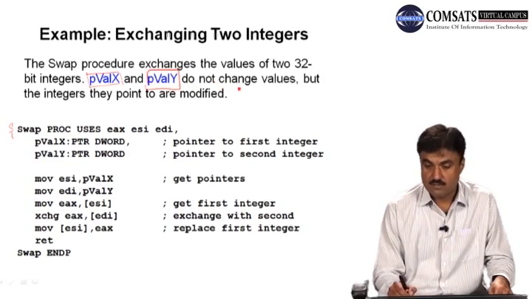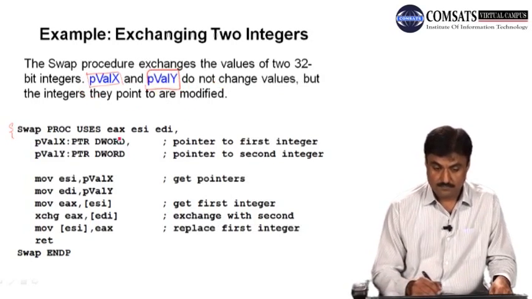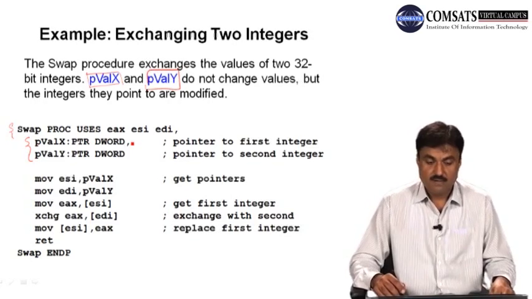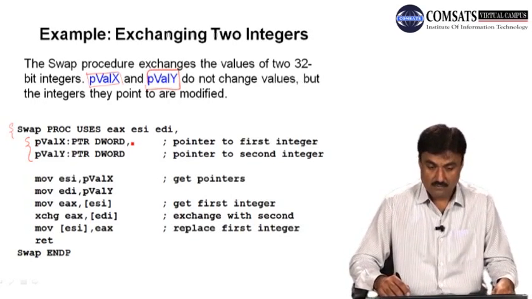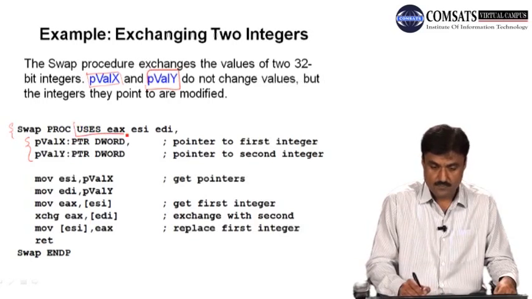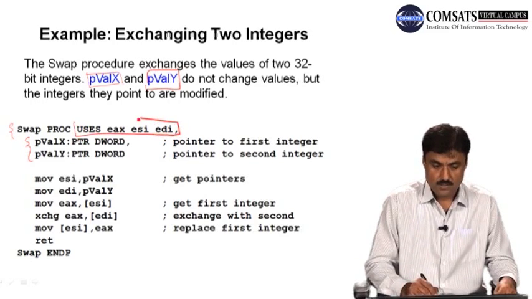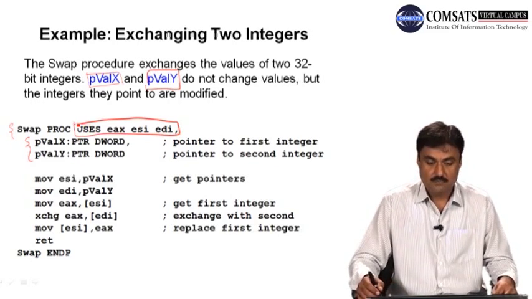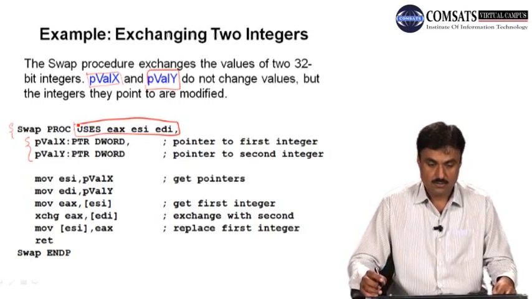Whatever variables we are using, this procedure defines two parameters, p-val x and p-val y. We do not change these pointer values, but the integers they point to are modified. The procedure also uses the EAX, ESI and EDI registers.